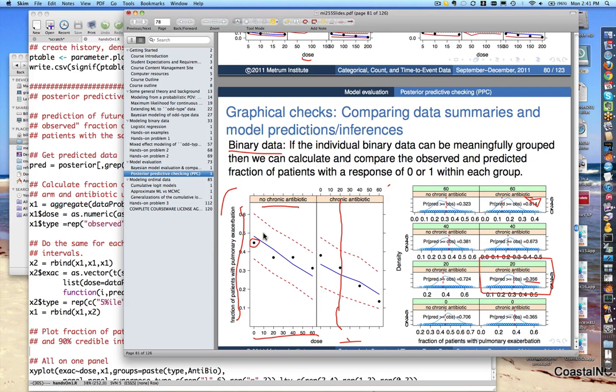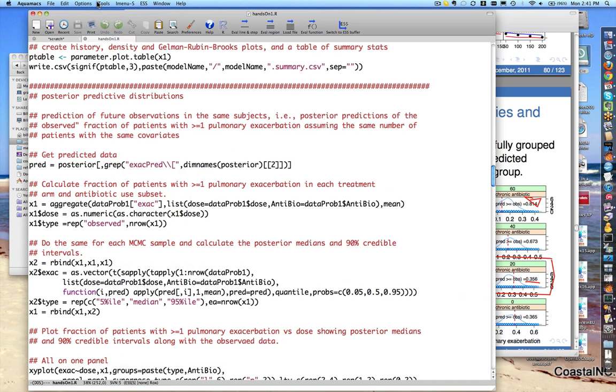Okay, so we want to look at how we're going to do these, and let's start with the one on the left-hand side. So again, this is the code, and the only difference between this and what you had before is annotation. You'll just see more comments embedded in here.